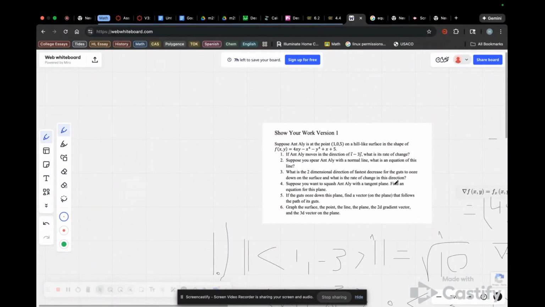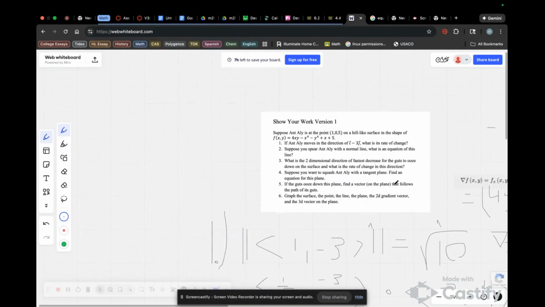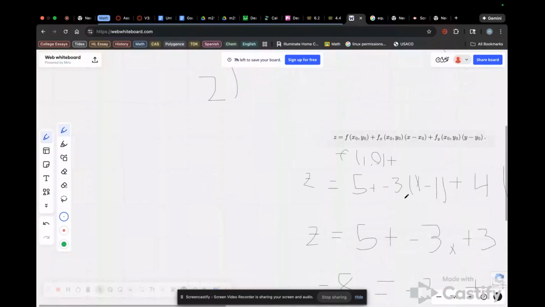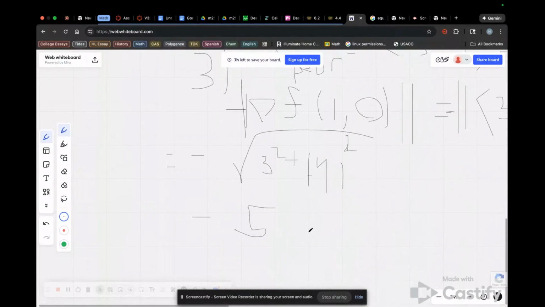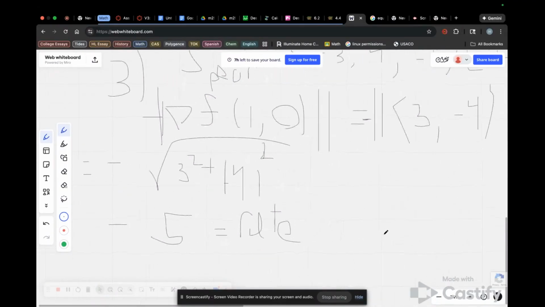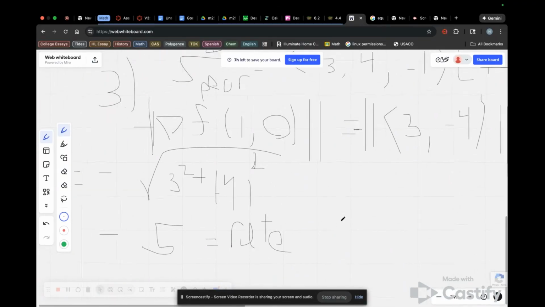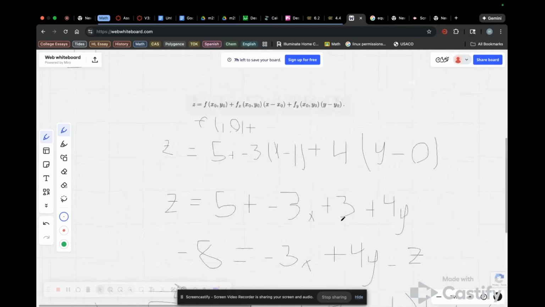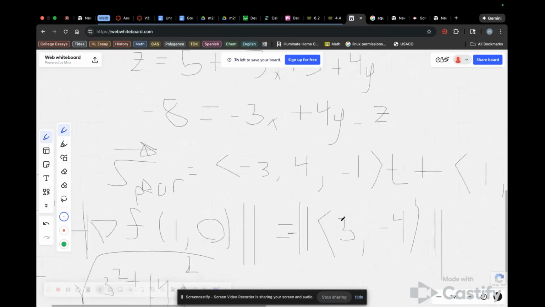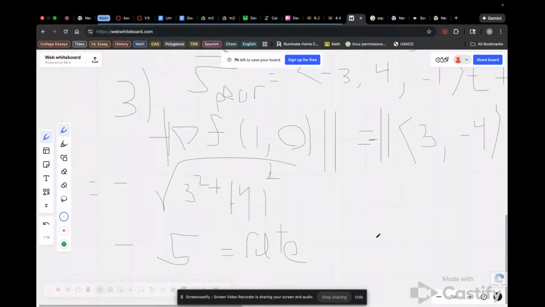Oh, so that's the rate. And then the direction would be the direction vector. So we got just 3, negative 4. Sorry, no, the rate is just the gradient at that point.